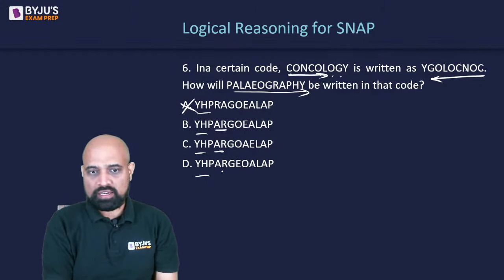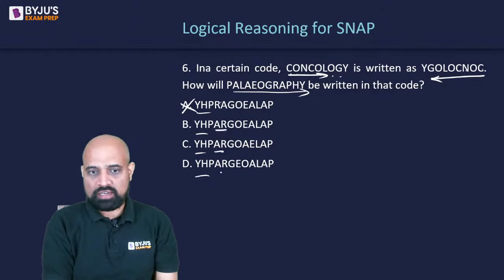Next AR, AR, AR, then you have GOE, GOA and GEO. So after R you need a GO. G and O should be together right after R, so D doesn't make sense. And right after O, E should be there and not A. So B becomes your answer.